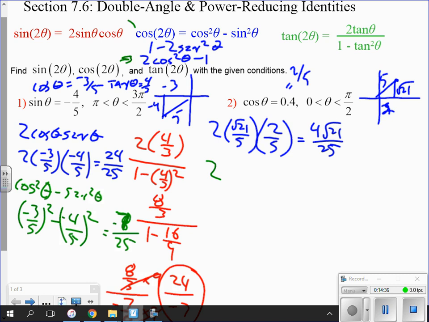So I'm going to do 2 times the cosine, 2/5 squared, minus 1. 2/5 squared is 4/25. 2 times that is 8/25, minus 1, which would give me negative 17/25.